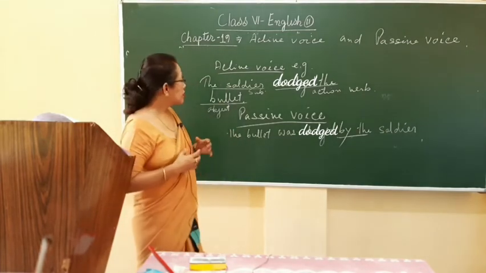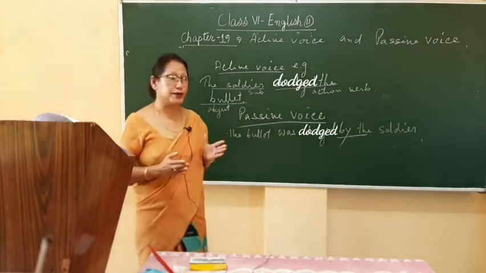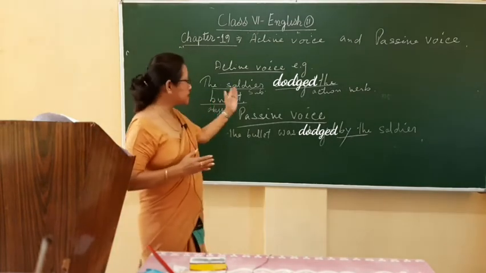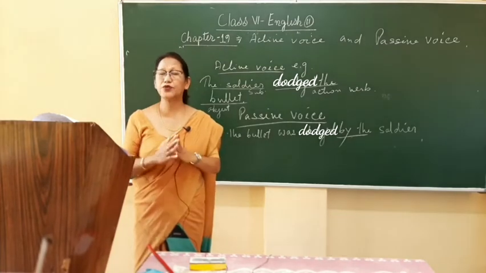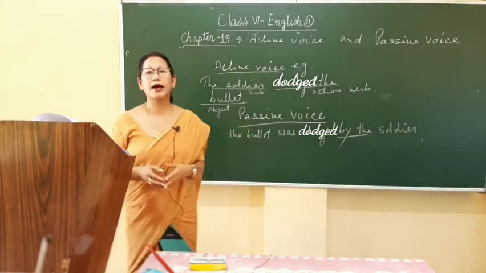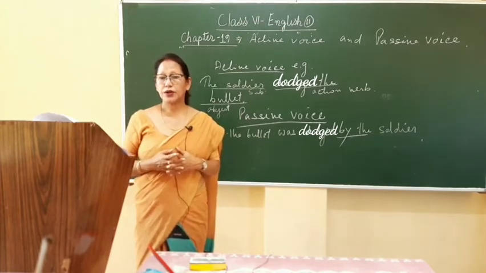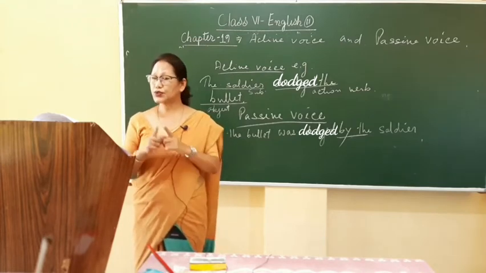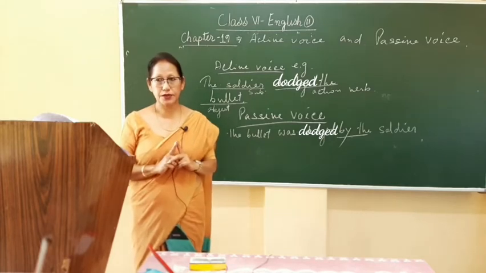First, you have to find out from the sentence the subject and the object, and after that, you have to interchange the object into subject and the subject into object.